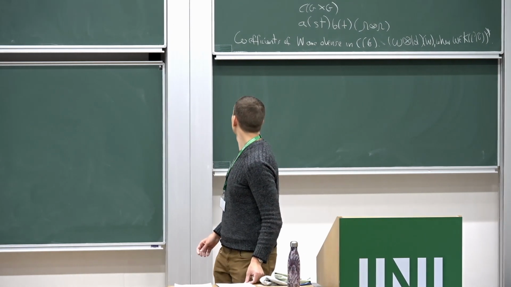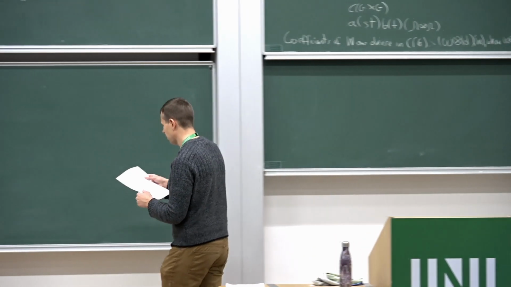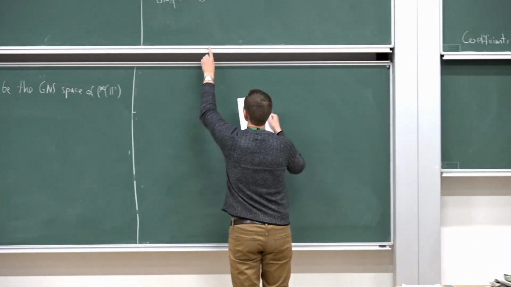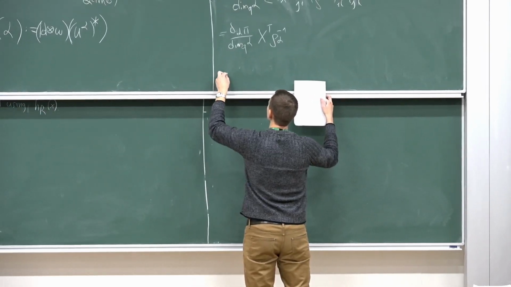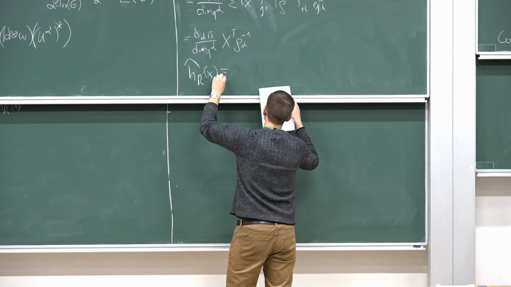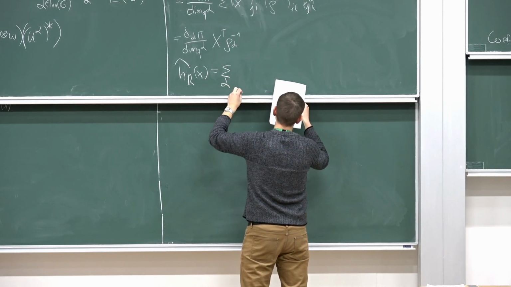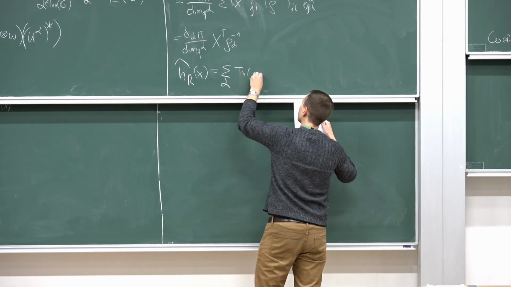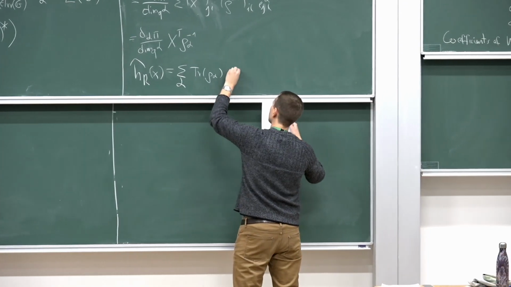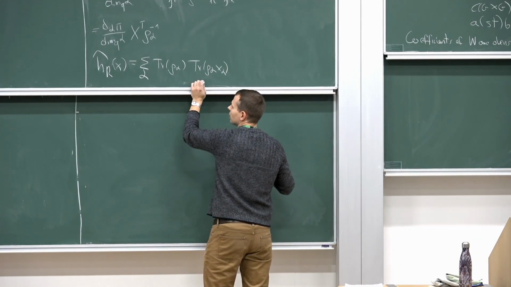So did I erase the formula for the right Haar weight, right? So I need the h_R of X, because we'll need it, is the sum over the irreducibles, trace rho alpha, x alpha.